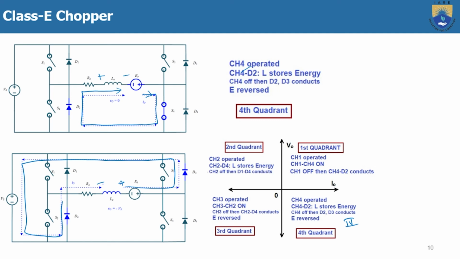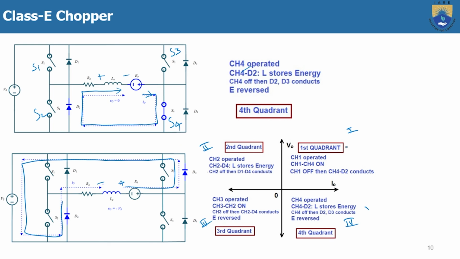Very simple, right? Because if you consider here this y-axis is the voltage and x-axis is the current, and you consider this is the first quadrant and second quadrant and third and fourth quadrant, if you name it like this, then the switches are numbered S1, S2, S3, S4.